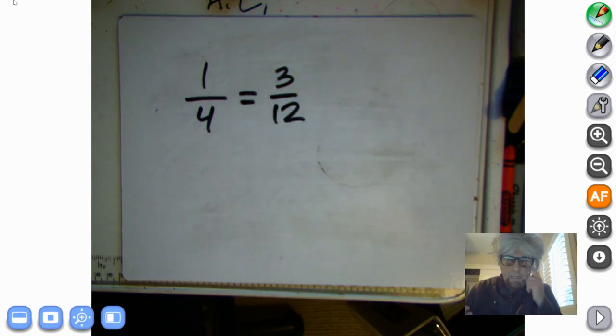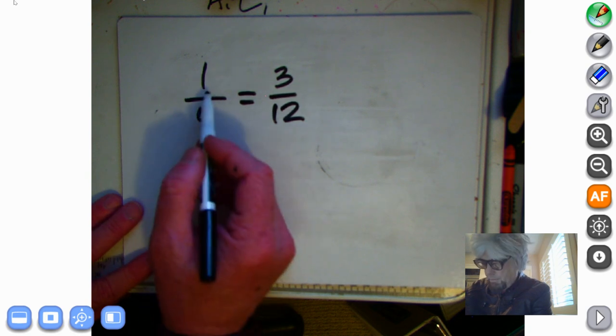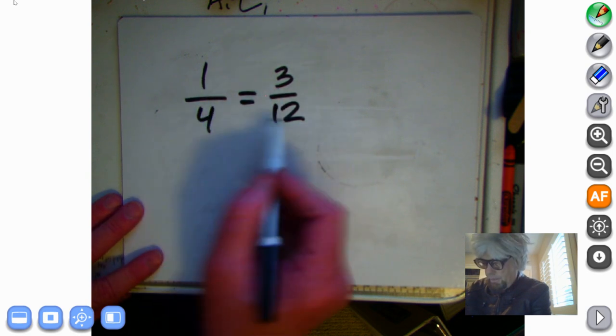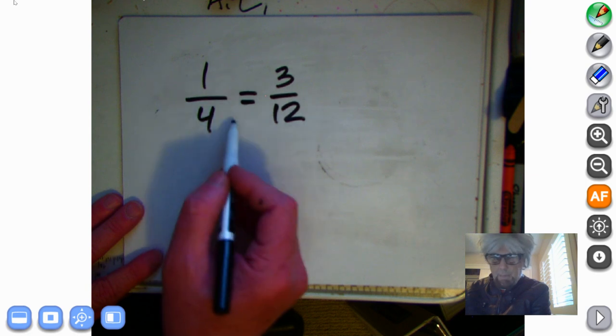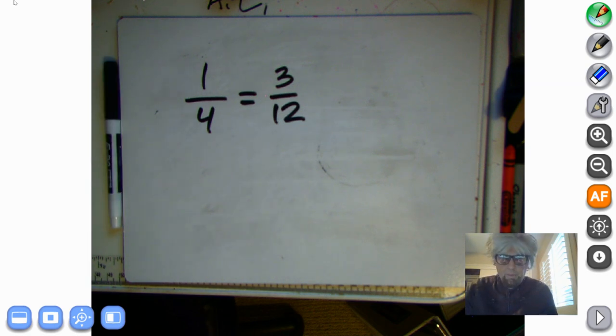How can I do that without even drawing the tape diagrams and all that good stuff? Well, think about it. If I multiply the 1 and the 4 by 3, 1 times 3 is 3, 4 times 3 is 12. If I do the exact same number, multiply, we get an equivalent fraction. That works, I could do numbers as high as 100, or even beyond, forever, and they would be equivalent fractions. So that's something we'll be encountering later on.